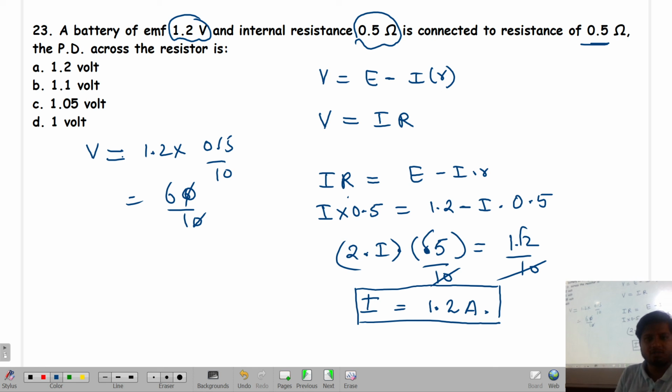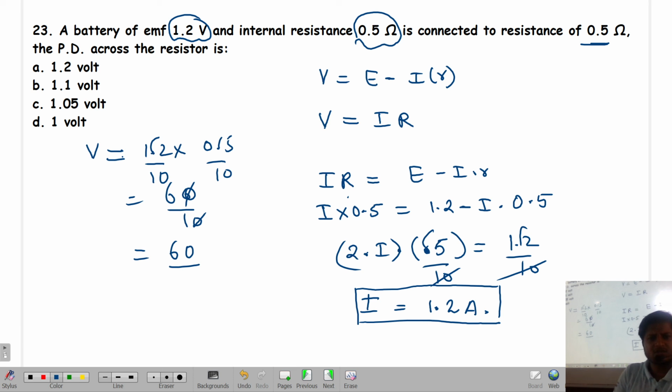Potential drop across the resistor is 1.2 into 0.5 by 10. 0.5. What happened?